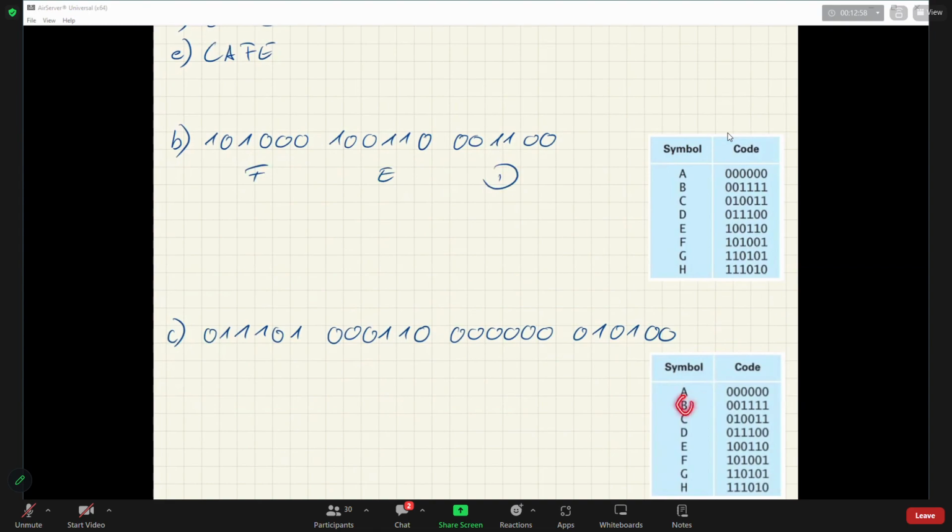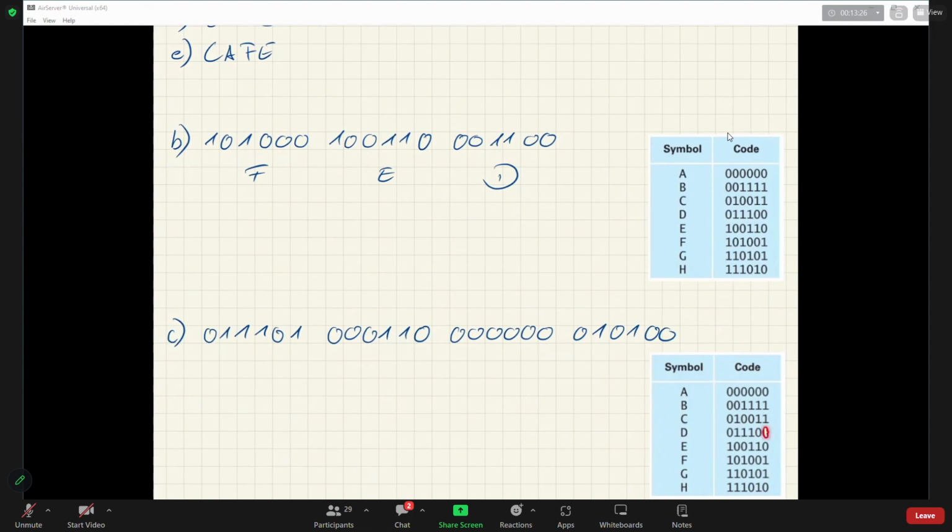If you are comparing to B, then the Hamming distance is 2. If you are comparing to C, the Hamming distance is 3. If you are comparing to D, the Hamming distance is 1.